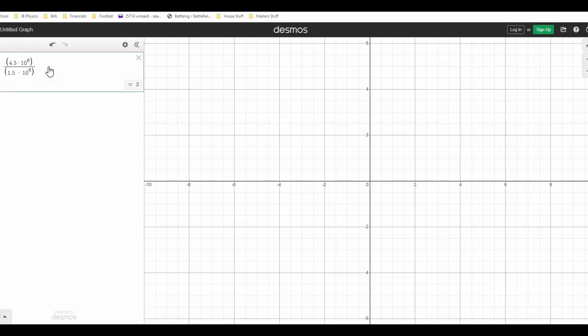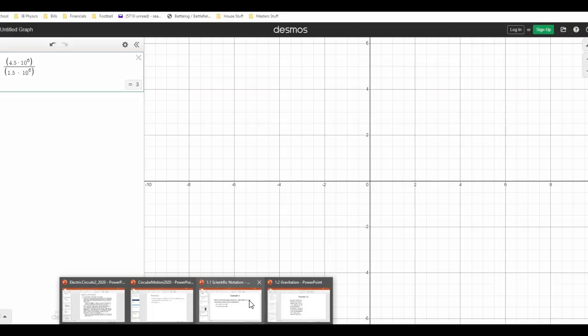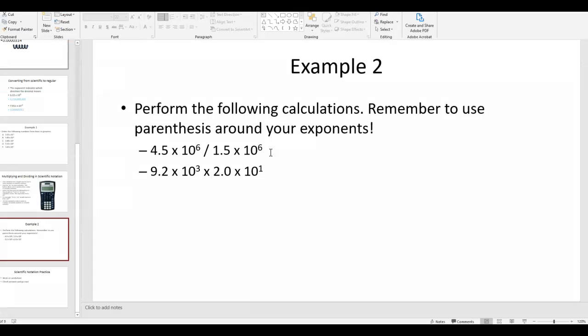The parentheses are really important. If you do that correctly, you should get 3. So whatever calculator you're using, try this calculation now. Use parentheses, the number you should get is 3. And if you don't get 3, send me a message so I can help you out.